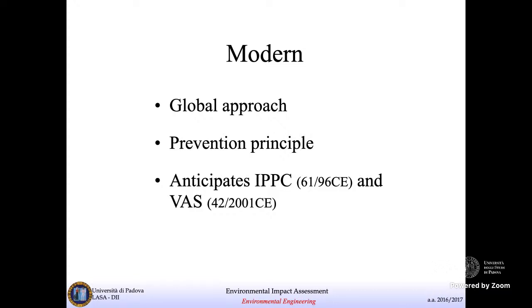And in 1985 it anticipates the IPPC Integrated Pollution Prevention and Control Directive that came out in 96, and the Strategic Environmental Appraisal, what in Italian we refer to as VAS, Valutazione Ambientale Strategica, that was issued by directive number 42 in 2001, and changes the time scale from short term to long term strategic, as the word itself implies. Long term prevention protection idea.